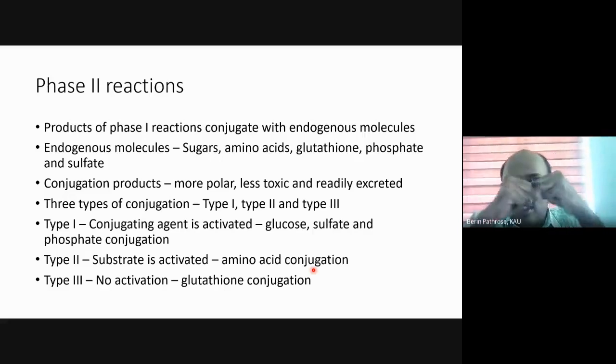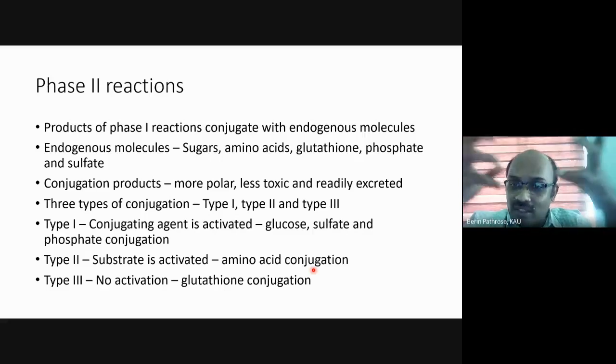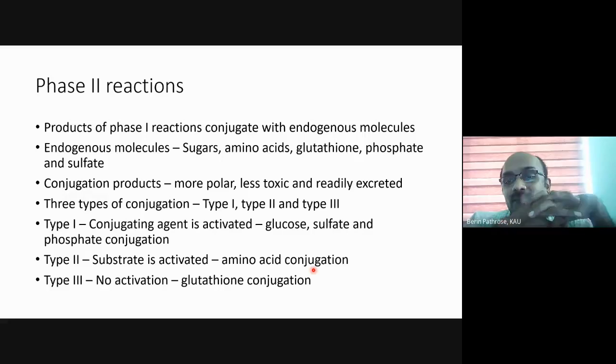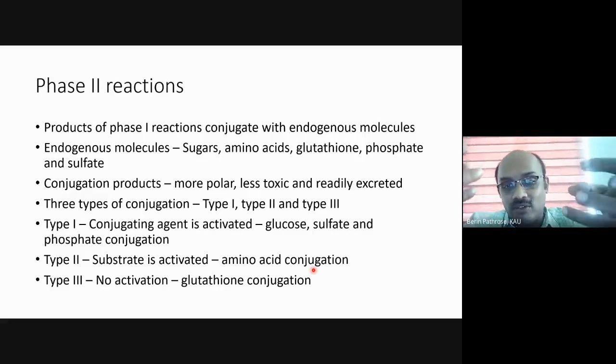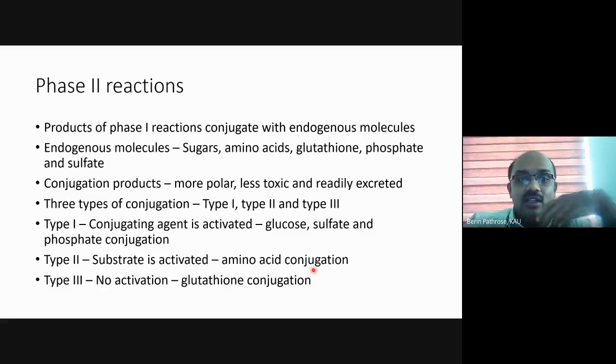Once this conjugation reaction happens, the compound gets more hydrophilic and can be easily excreted. It is more polar, more soluble in water. It becomes less toxic and readily excreted.